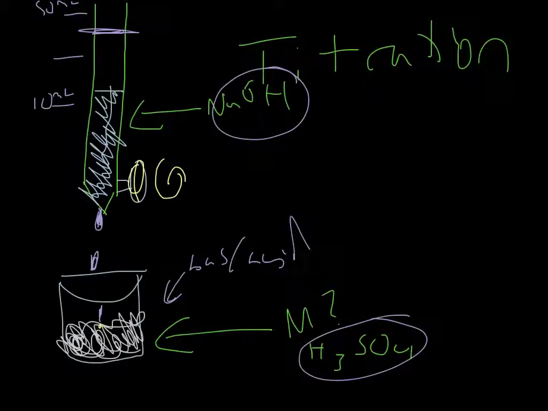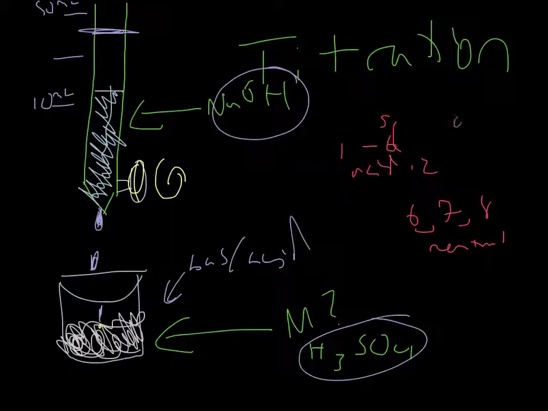If you don't know your pH scale, 1 to 6 is usually acidic. Actually 6 is kind of on the edge, so I'll say 1 to 5, then you get 6 and 7, sometimes 8, they're considered neutral, and then 9 to 14 is basic.